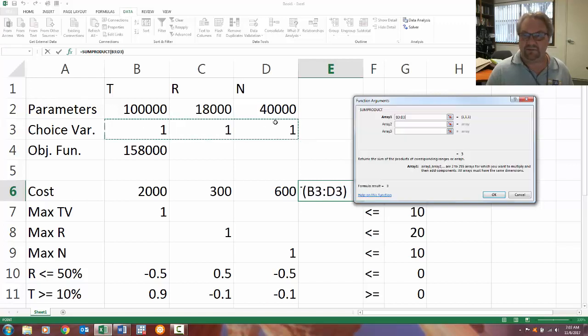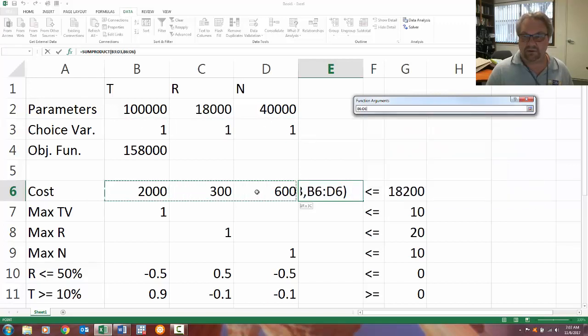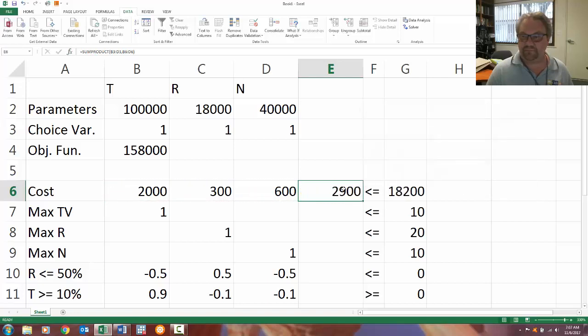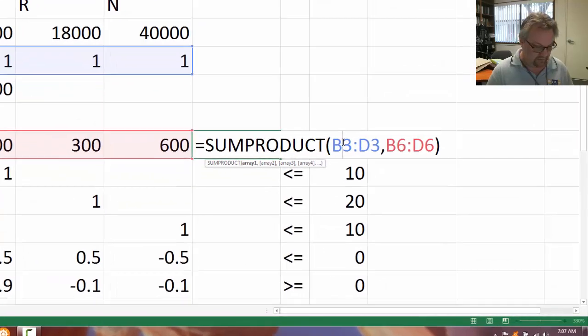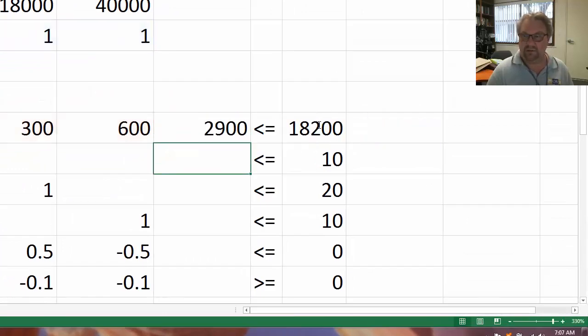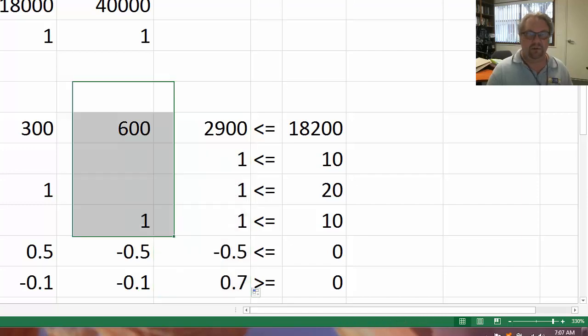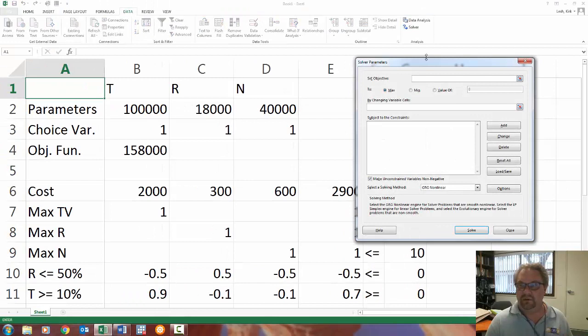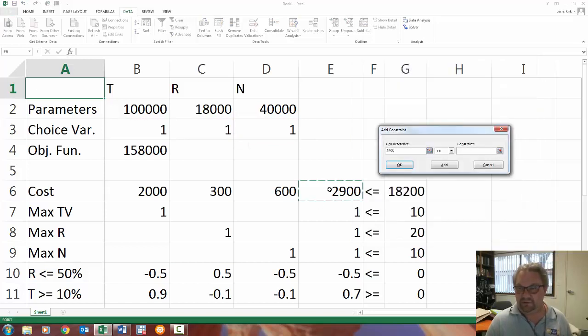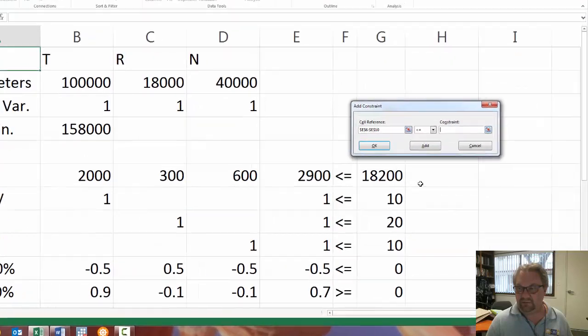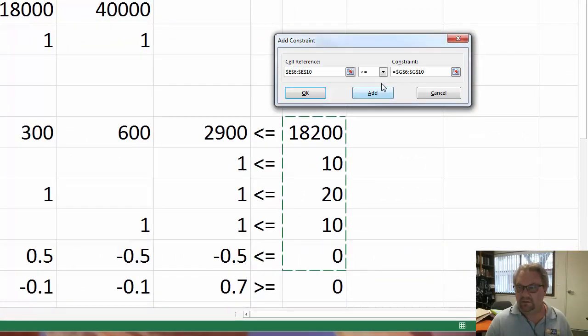So choice variables, constraint parameters, copy down. Now Solver. The objective function, I want to maximize by changing these three cells, subject to these constraints being less than or equal to these numbers, and this one greater than or equal to this number.